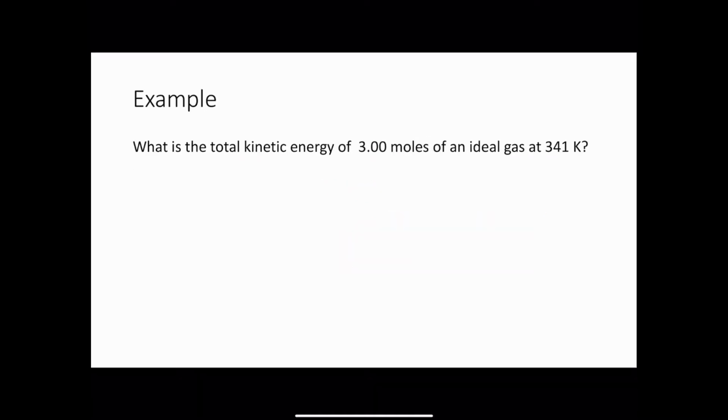What is the total kinetic energy of 3 moles of an ideal gas at 341 Kelvin? So, first of all, I want to find the average kinetic energy of the molecules. I'm going to do that by using our other version of the equation, that kinetic energy is equal to 3/2 times R times temperature over Avogadro's number.